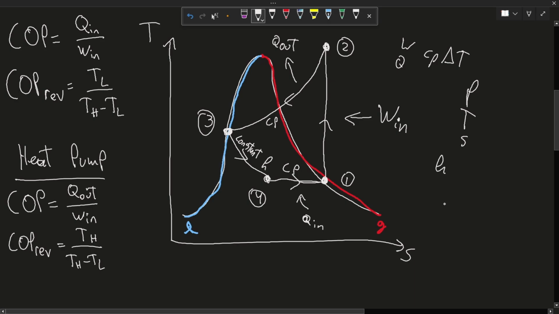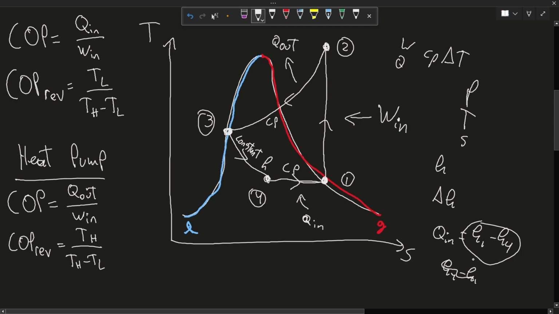Every work done or heat Q in or Q out is basically the difference of the enthalpies. For example, from point 4 to 1, Q in is equal to H1 minus H4. If in your exam you do H4 minus H1 by accident, you're going to get a negative value. You're not supposed to have a negative value, so if that happens, it just means that you messed up the signs. It's supposed to be this, for example.